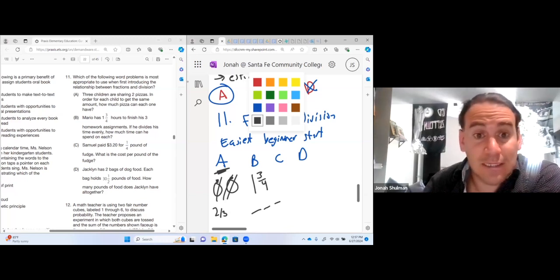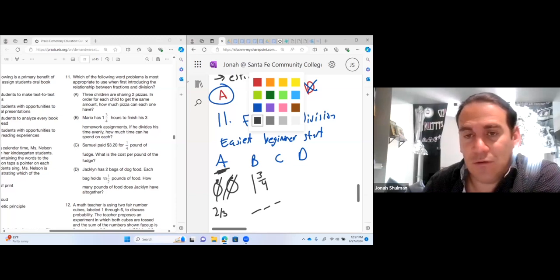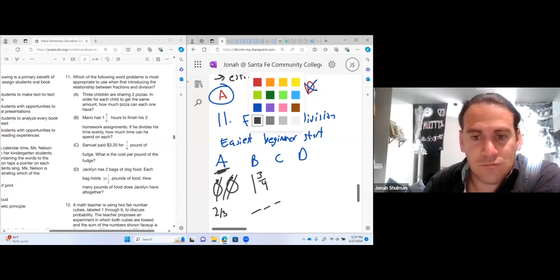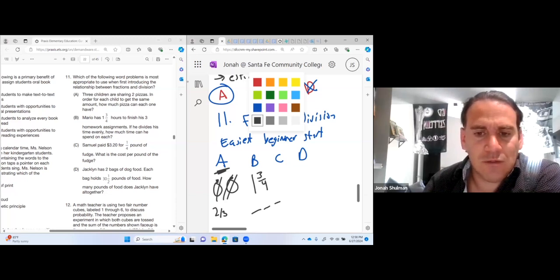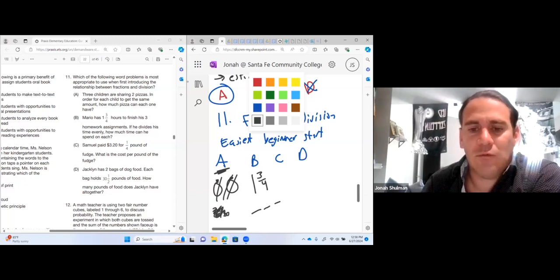How much do they get each? I like this. They all get 2/3 of a pizza. I think that's the answer, but I got confused on how to show it.